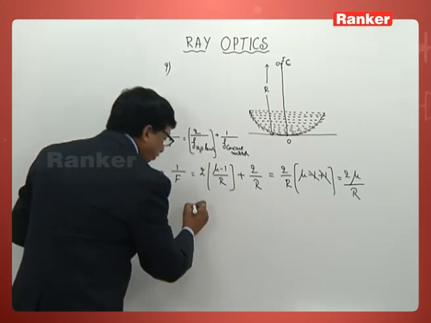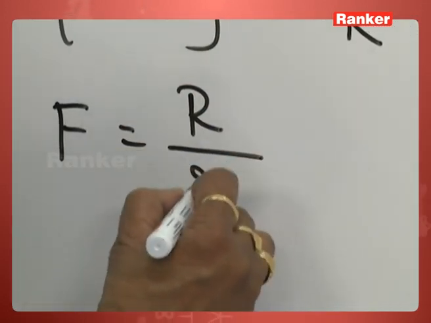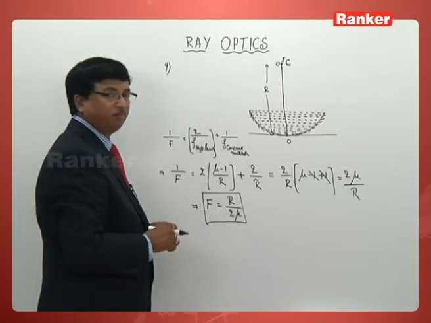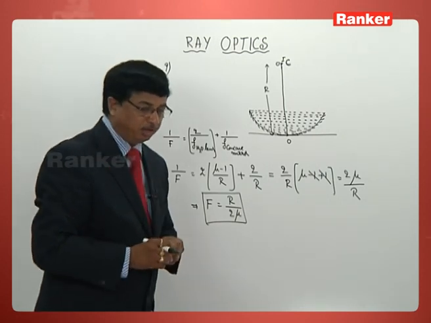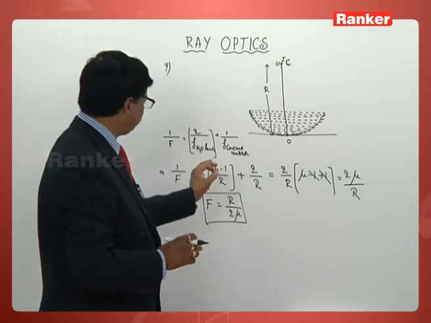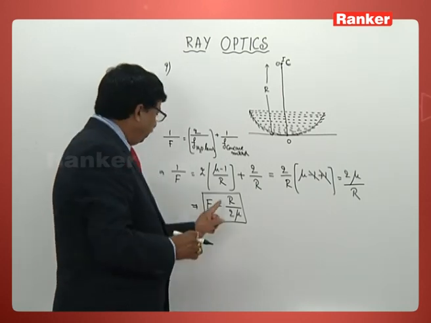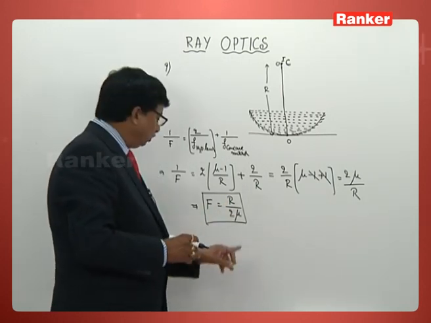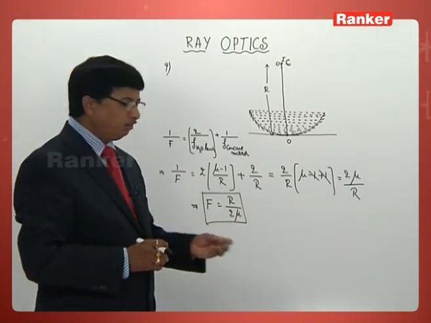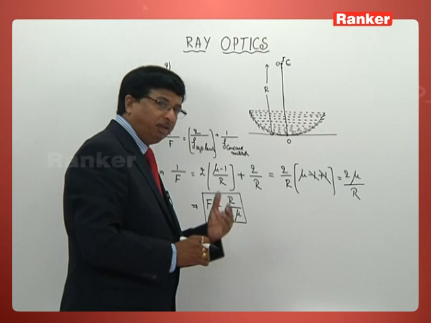Then what can I write from this? The effective focal length now becomes r by 2 mu. So the effective focal length we are getting is r by 2 mu. Now, just to decide your answer, taking this value: when f is equal to r by 2 mu, the mu value for water is around 4 by 3, which is 1.33.